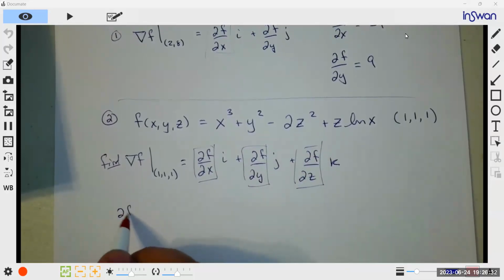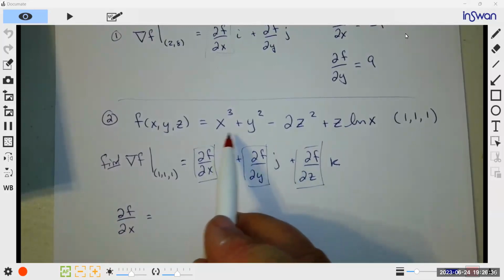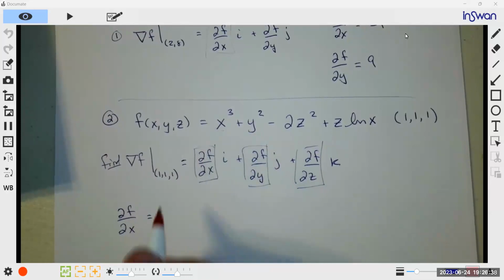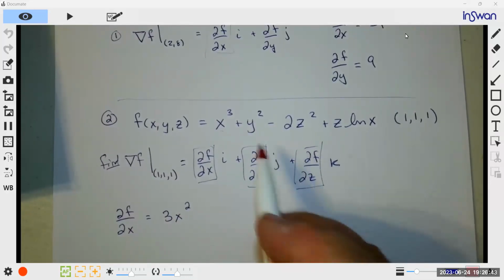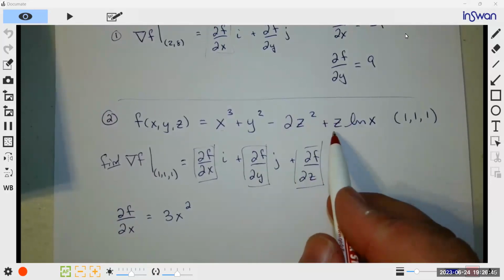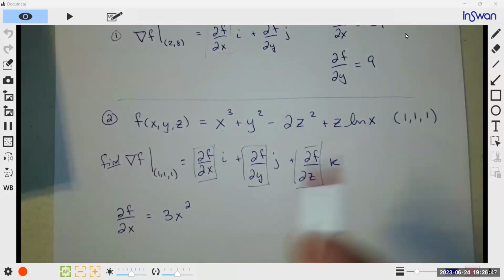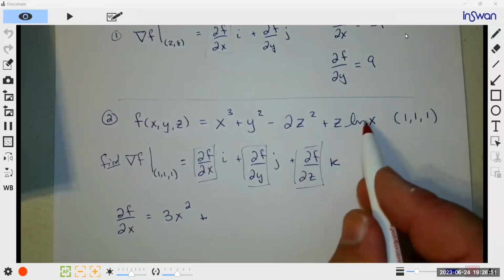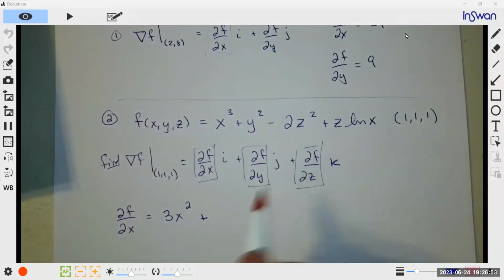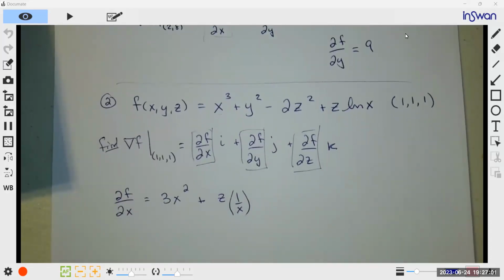So the partial of f with respect to x. The first one becomes 3x squared. That disappears, that disappears. There's z ln x. Z is a constant in this case. So the derivative of ln x is 1 over x. So this one is z times 1 over x, or z over x.